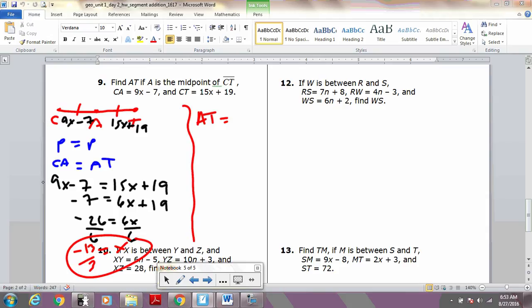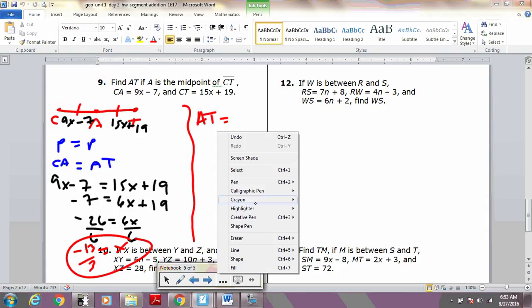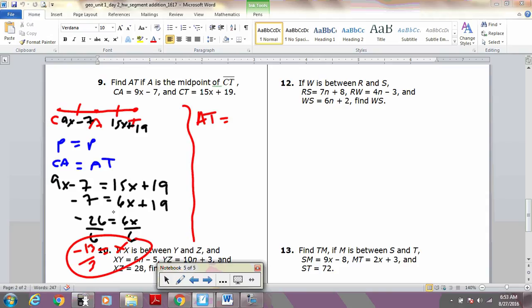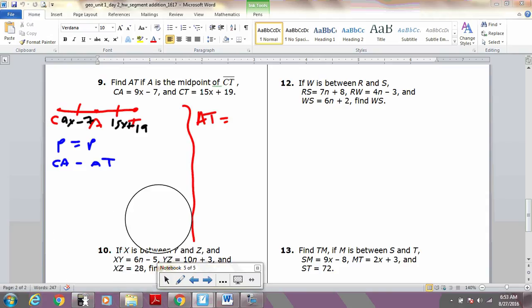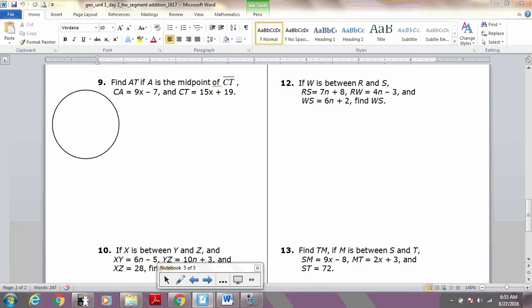Oh, I am so sorry. I did this problem wrong. Probably why I got a fraction. Let's rewind. I labeled incorrectly.